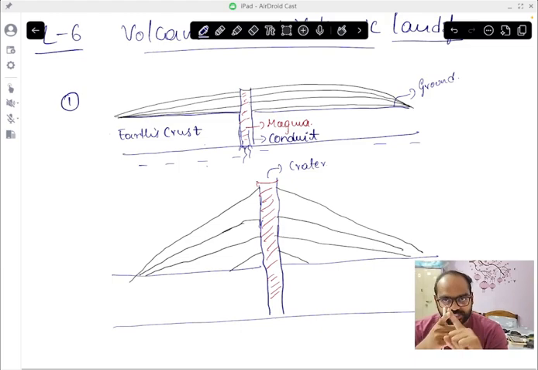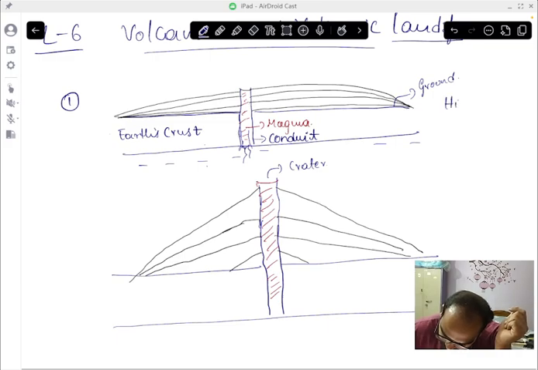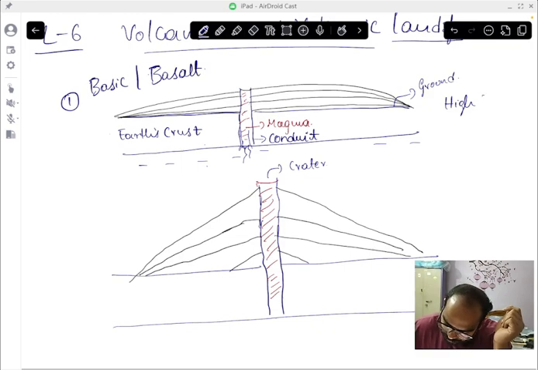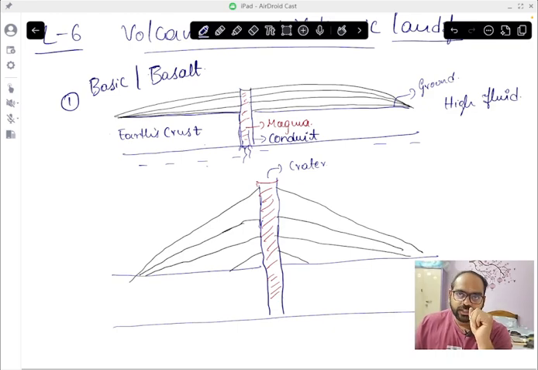The first type is basic lava, which we can also call basalt. This basic lava is highly fluid in nature.